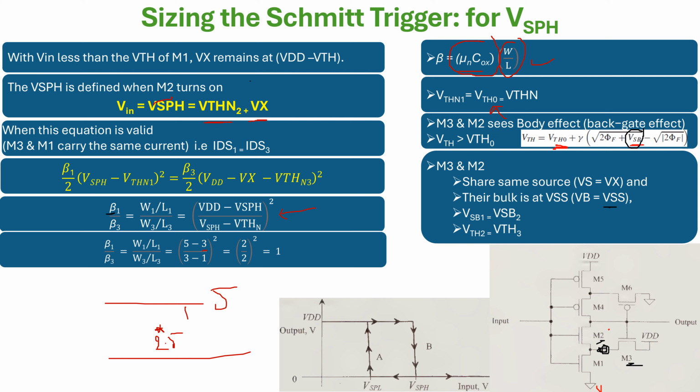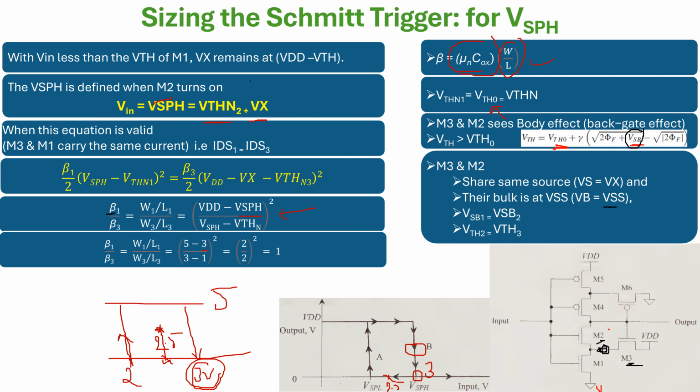Let's assume it switches somewhere later, at 3 volts, a higher point. So let's take VSPH equal to 3 volts, which is 0.5 volts above the midpoint.